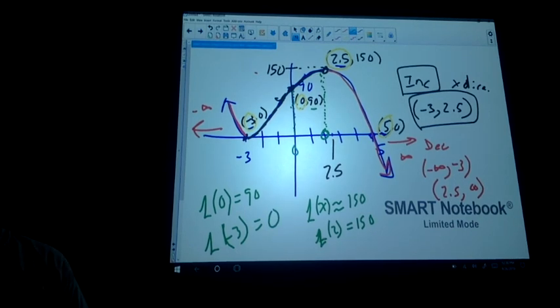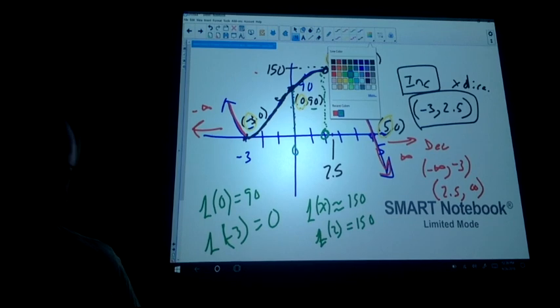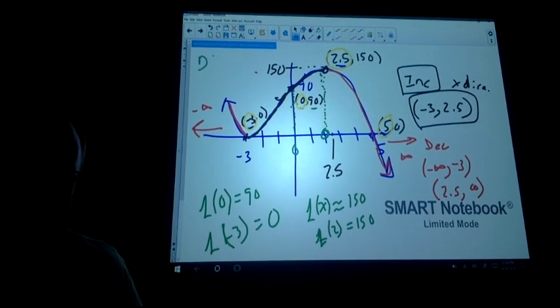Cool. All right, the domain of this, let's pull up a color we haven't used in a bit. That's kind of a unique green. The domain. So how far left and how far right does this graph go? Does it go from -infinity to +infinity in the x direction?